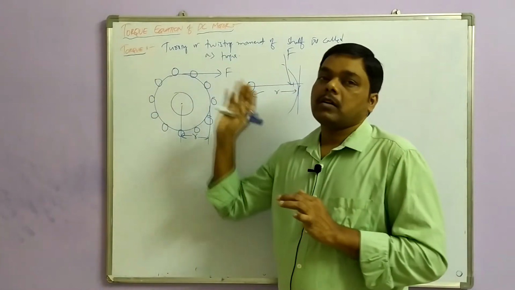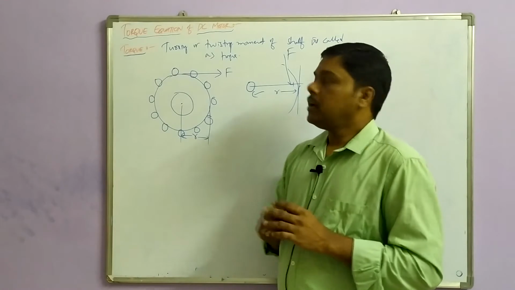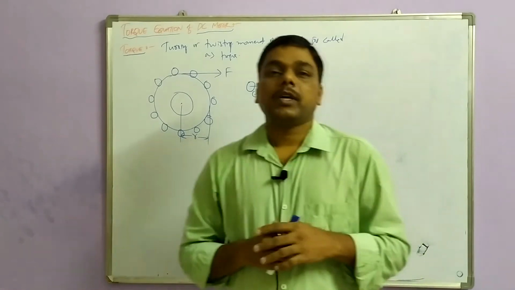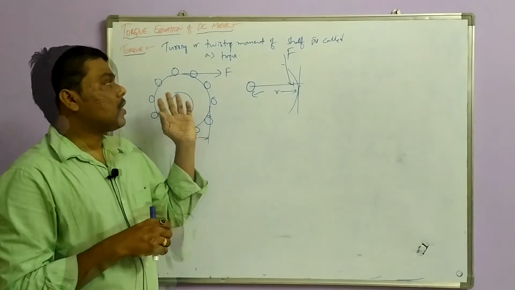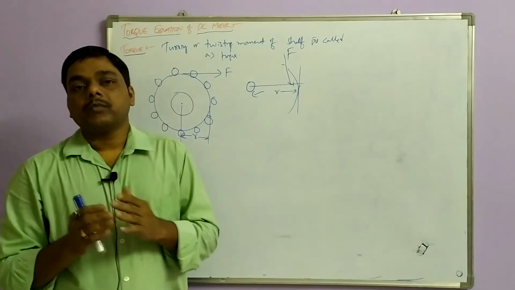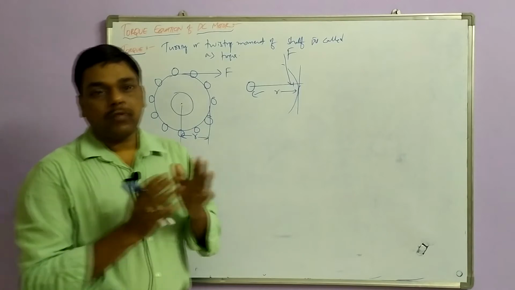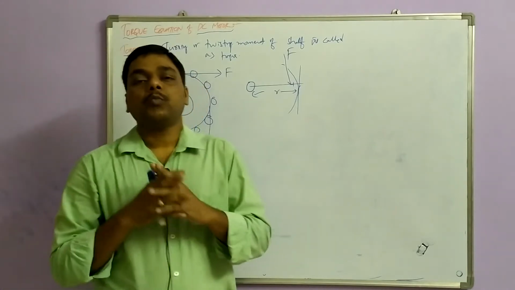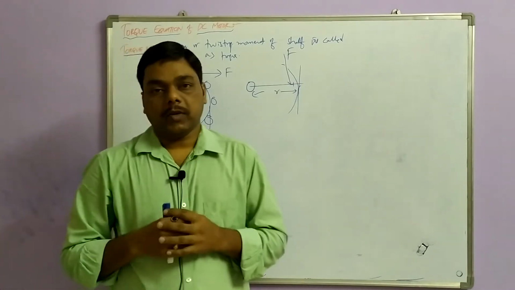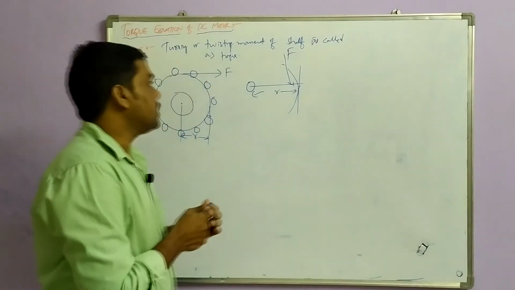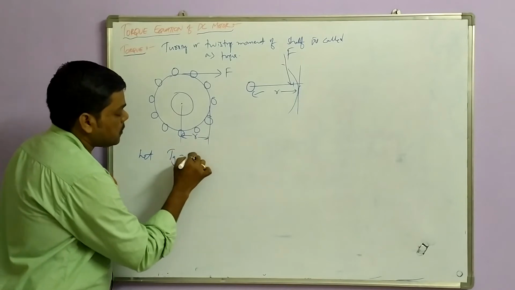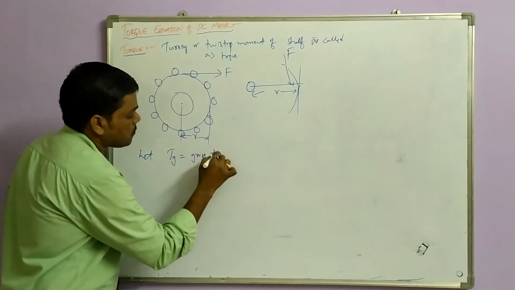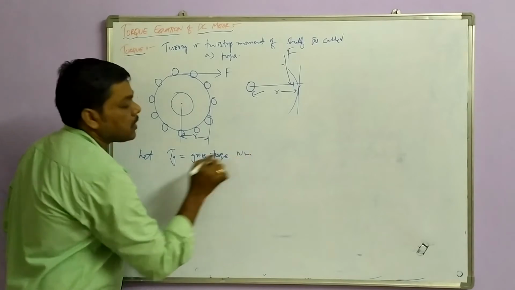The torque of a DC motor can also be derived from the electrical parameters. Let us see how torque is expressed in terms of electrical parameters like flux, armature current, poles and parallel paths. Let Tg be the gross torque in Newton meters.